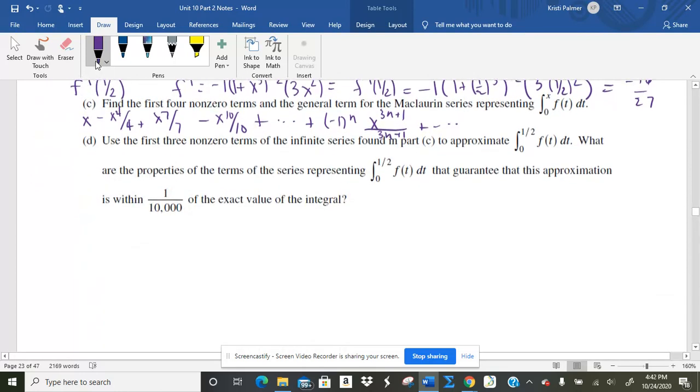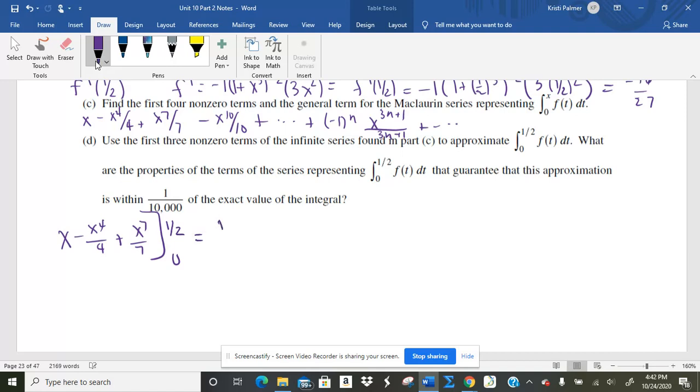Use the first 3 non-zero terms found in part C to approximate that. So we are going to go x minus x to the 4th over 4 plus x to the 7th over 7. There's the first 3 non-zero terms, and it says to evaluate from 0 to 1/2.